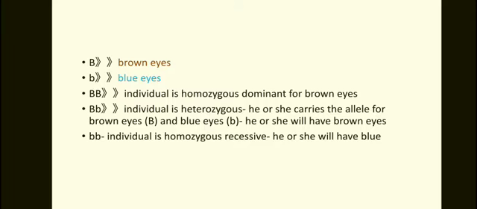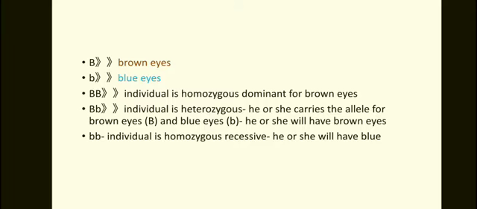But the recessive allele can only manifest on the phenotype when both of the alleles are recessive for blue eyes. Both of them must be recessive, right? Because the recessive allele is always masked by the dominant allele.